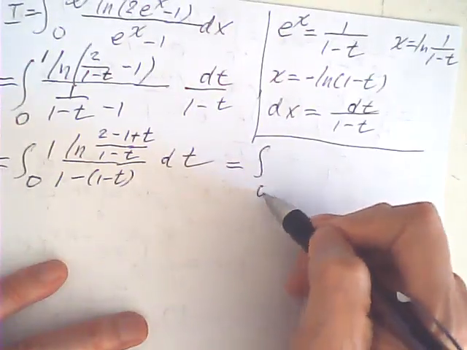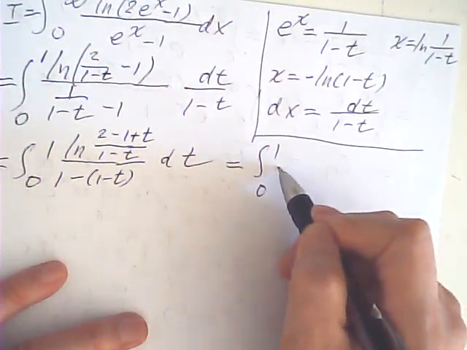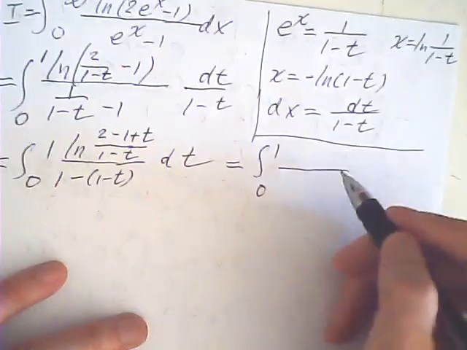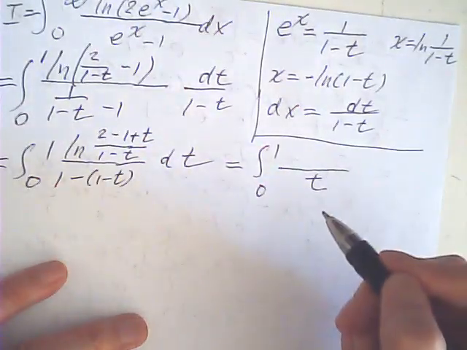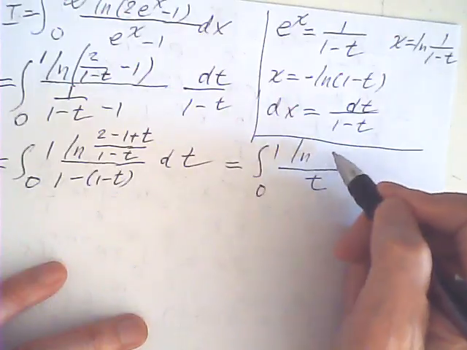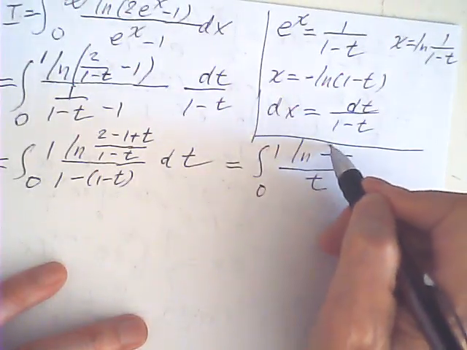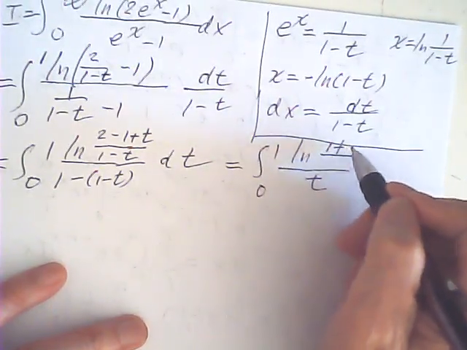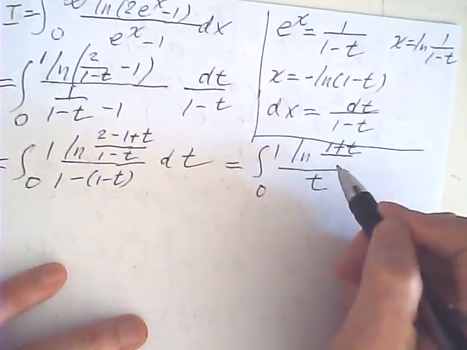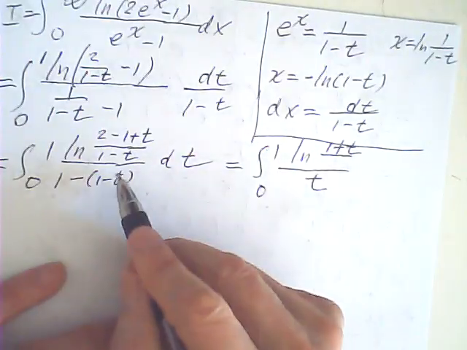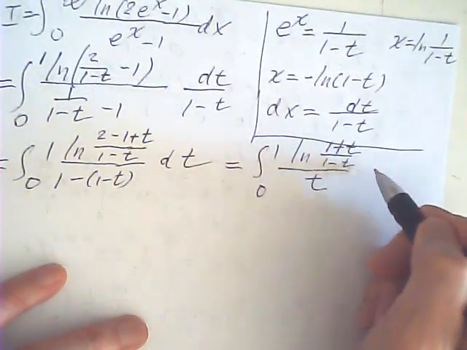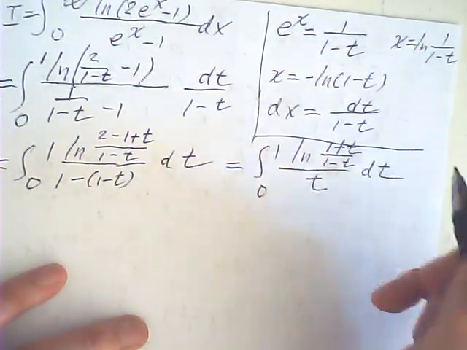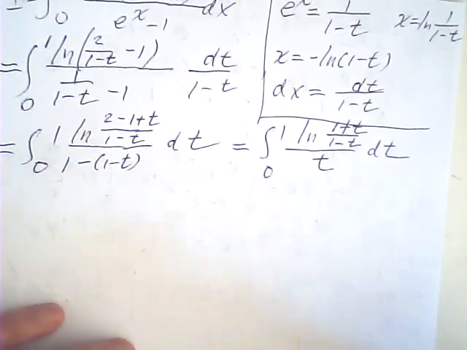So this one equals the integral from 0 to 1. This is a t now. This is log of 1 plus t and 1 minus t, dt.